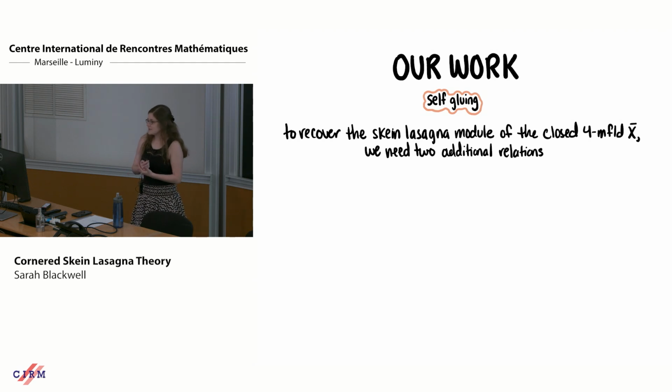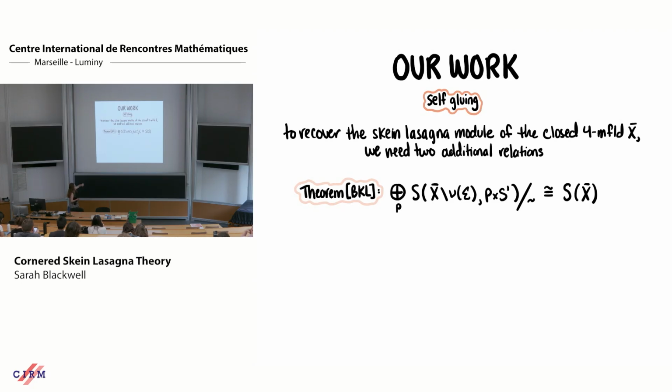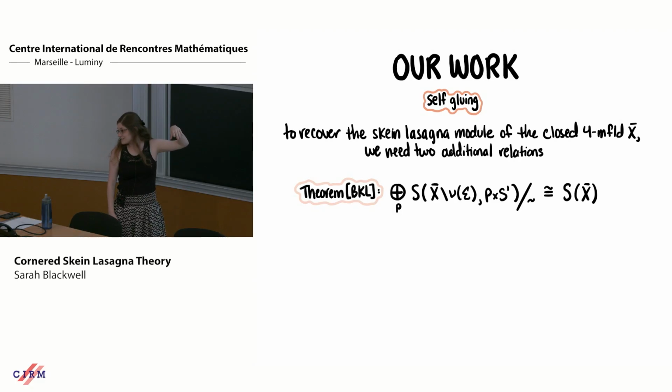So to recover the Skein Lasagna module of the closed form manifold, we need 2 additional relations. So here's the result. I'm taking this, which again is going to be massive, direct sum over all possible point sets of this Skein Lasagna module of X bar minus this neighborhood. It just means that the link is the empty set, and that's okay.